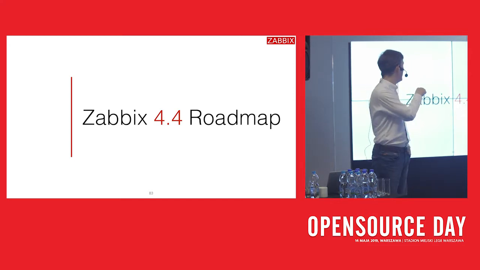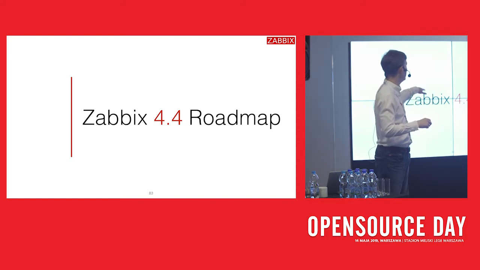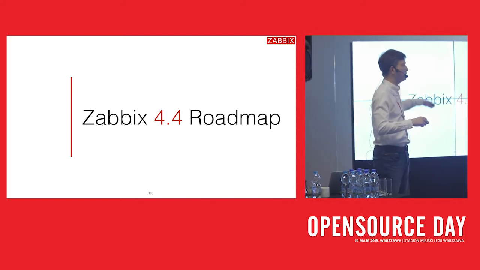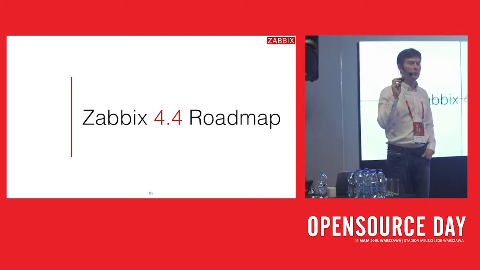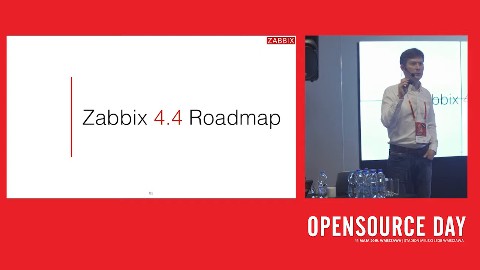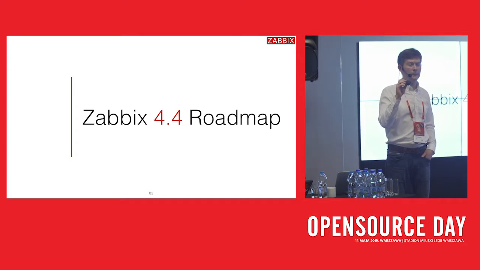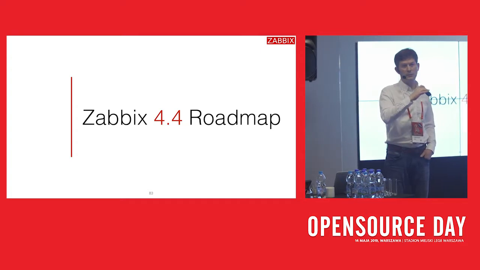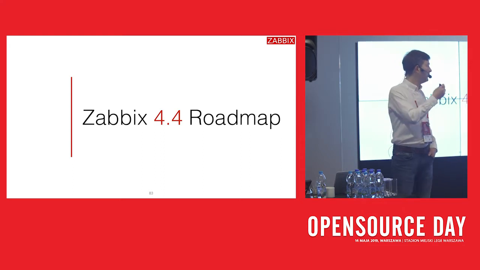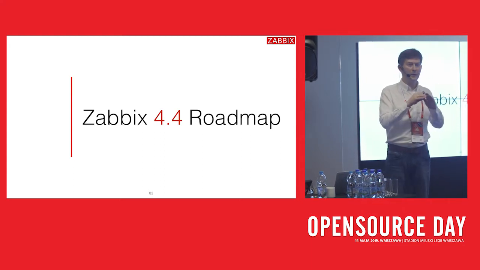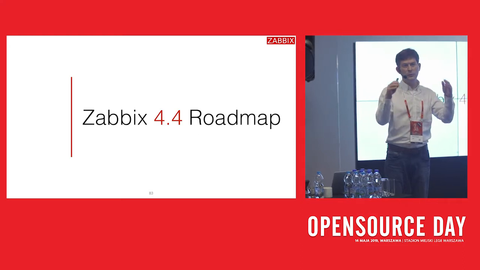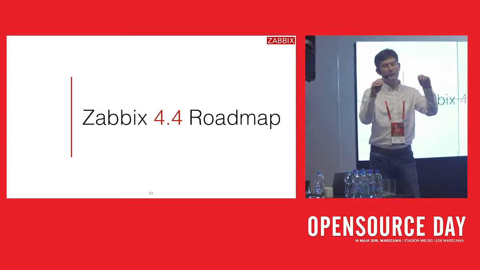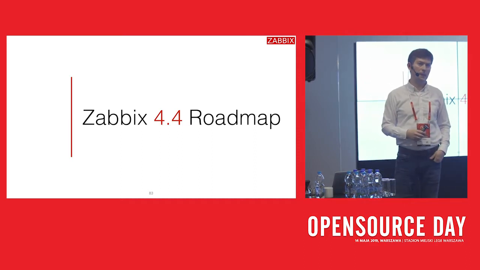Zabbix 4.4 is part of the official roadmap, but I will not be talking about this today. But Zabbix 4.4 will come with support for Kubernetes monitoring, out of the box. This really opens unlimited possibilities. What we are doing right now is building a really flexible platform that can also be used for your scenario as well.